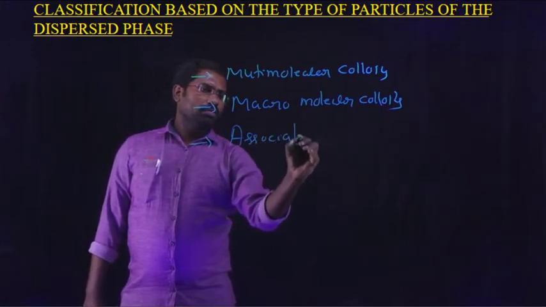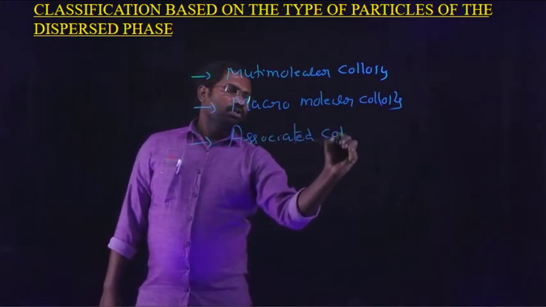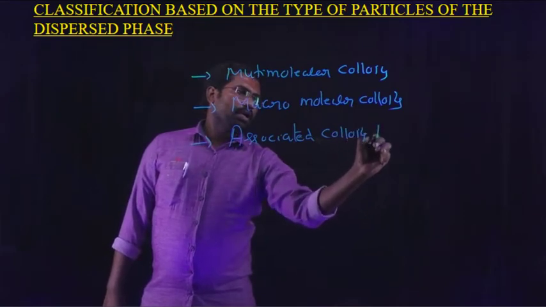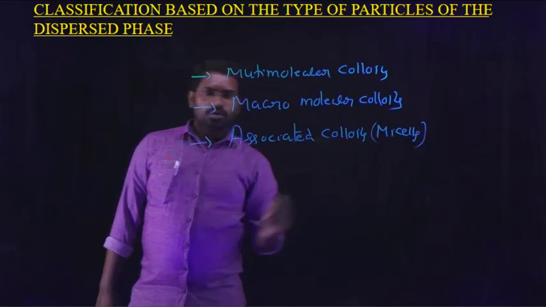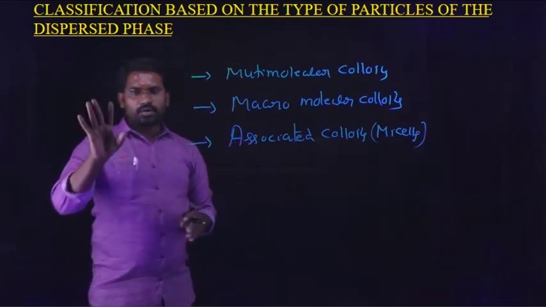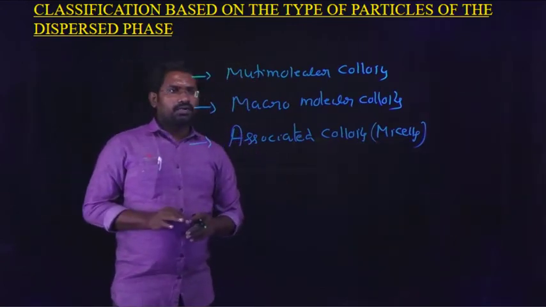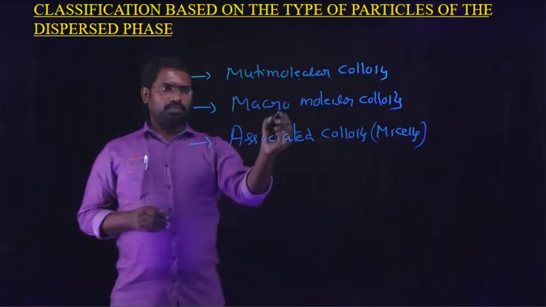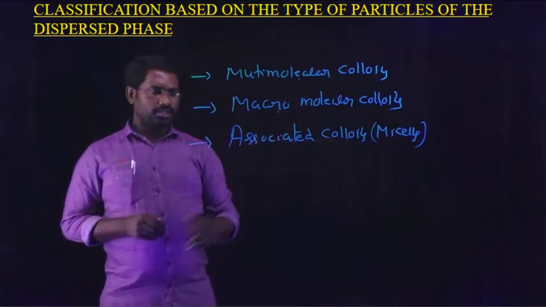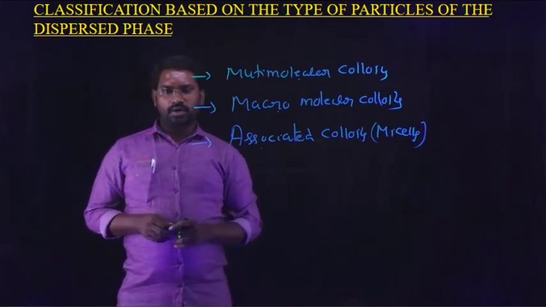And third one, associated colloids or micelles. So based on the nature of the particles, colloids are classified into three categories: multimolecular colloids, macromolecular colloids, and associated colloids.